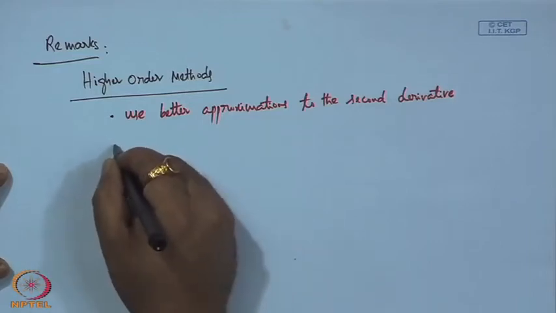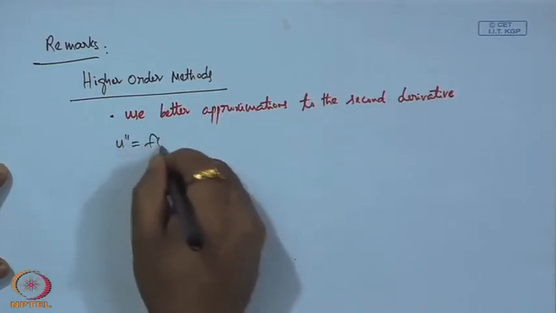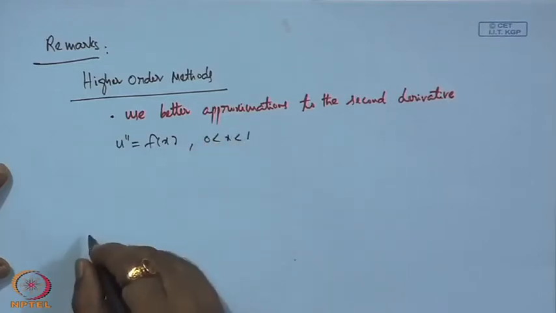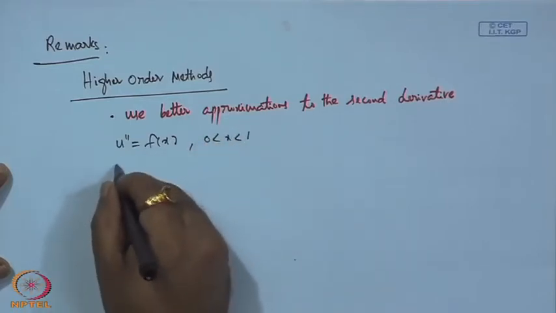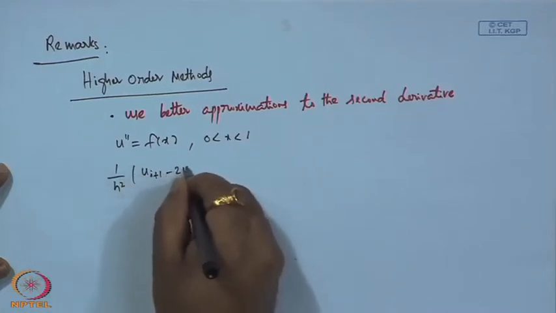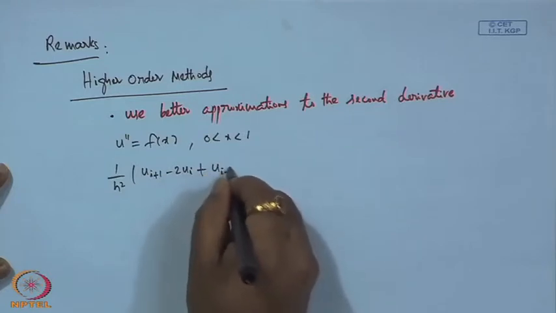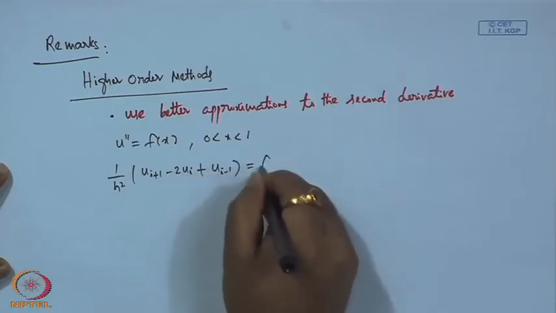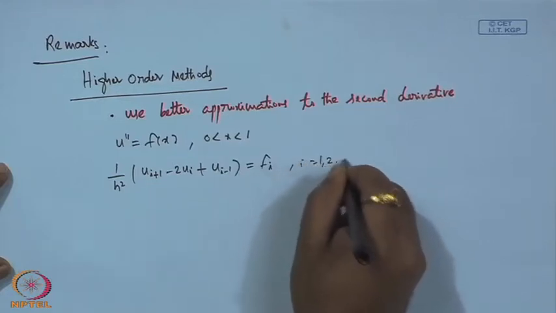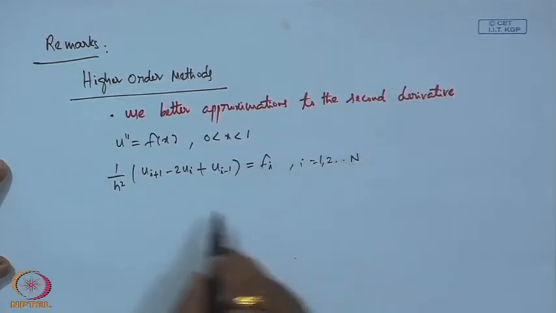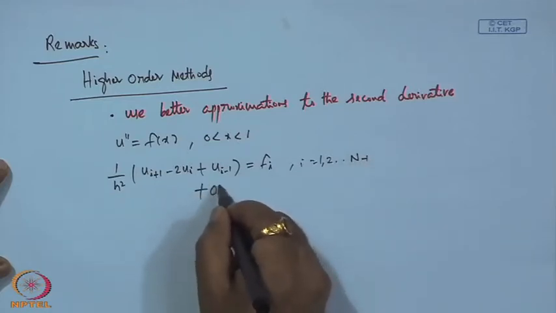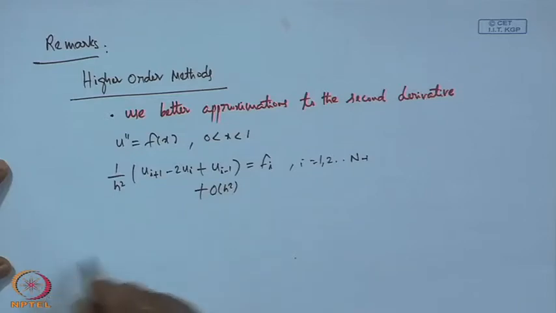For example, if we consider u double prime equals f of x, then the usual central difference that we have been using is nothing but a second order approximation, right.